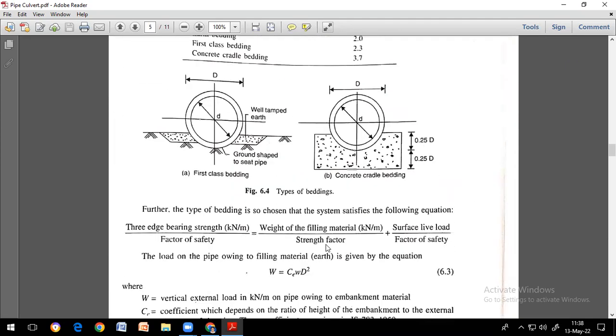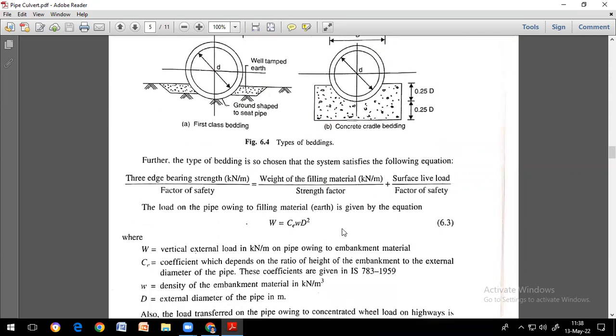So next, we have to calculate the 3-edge bearing strength. It depends on 2 main things. One is the weight of filling material. Whenever you place your pipe as a culvert, there will be a lot of earth fill forces, earth pressure. So we have to calculate the weight of this filling material on the periphery of the pipe culvert.